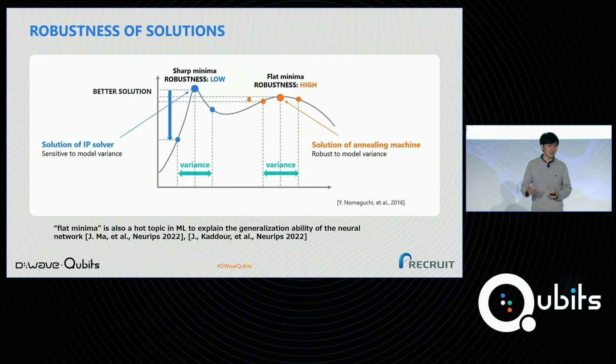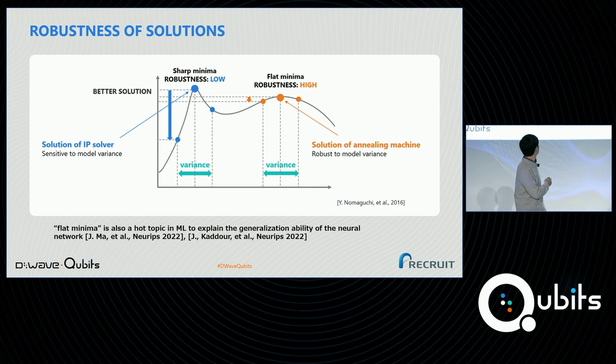And some research argued that the robustness of the optimization is related to the shape of the energy landscape.